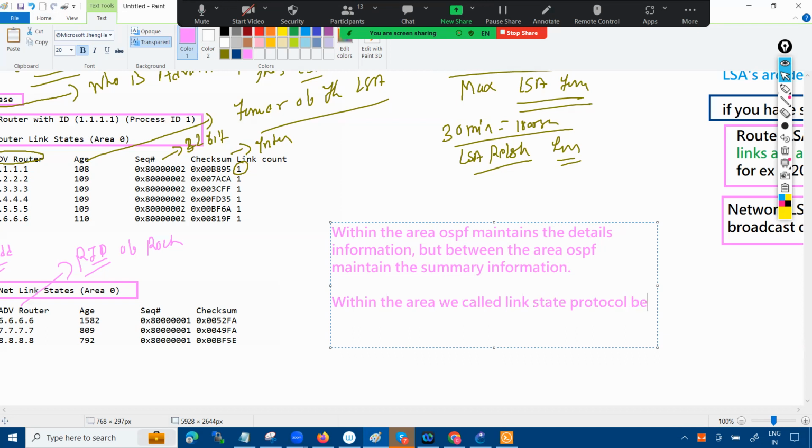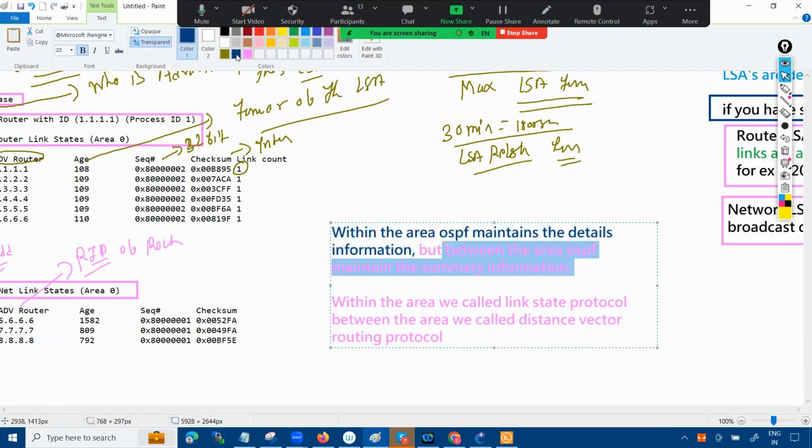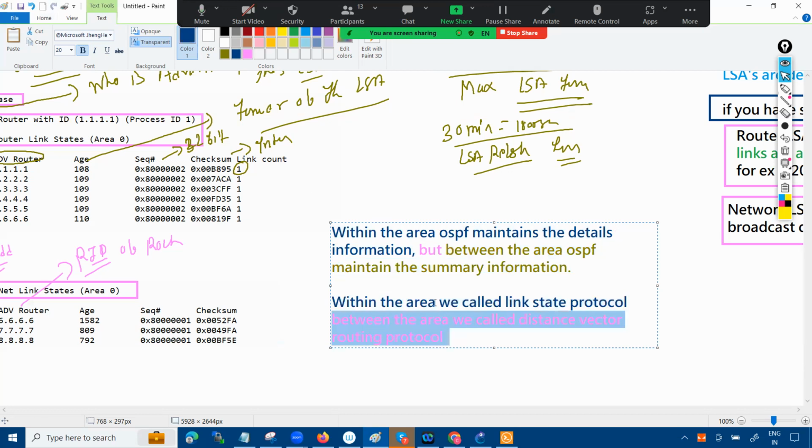Between the areas, we call it a distance vector routing protocol. Because between the areas, we are not sharing the detailed information. Detailed information is only present within the area, but between the areas, we only share the summary information, the short information. That's why within the area it's called a link state routing protocol, and between the areas we call it a distance vector routing protocol.